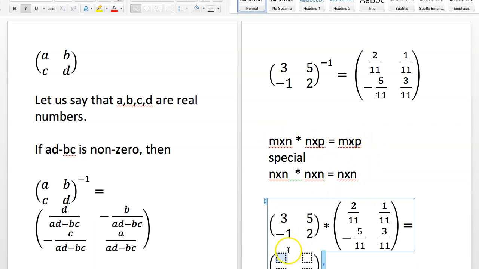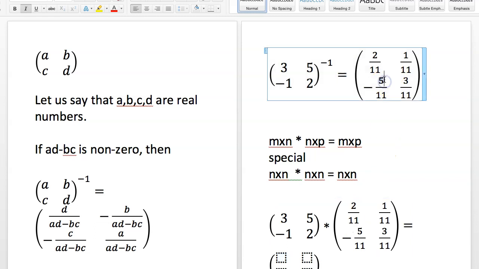But now we're lucky. Now you go 3 times 2 elevenths plus 5 times negative 5 elevenths. Now I wasn't supposed to switch the negative 1 and the 5, guys. I've been bad. Sorry. I'm supposed to negate.